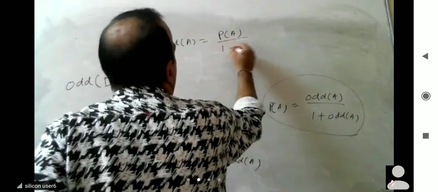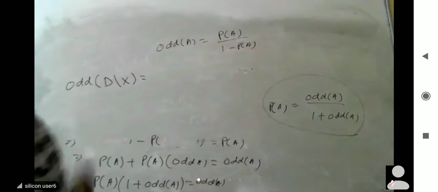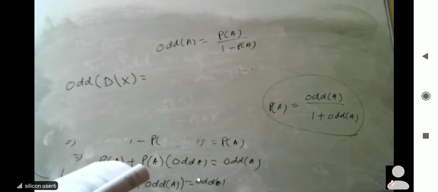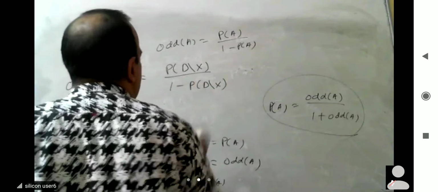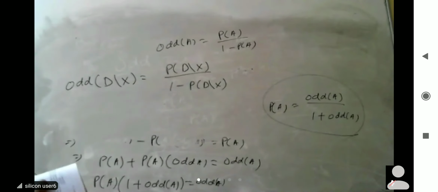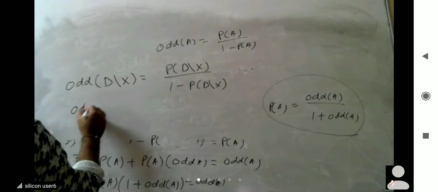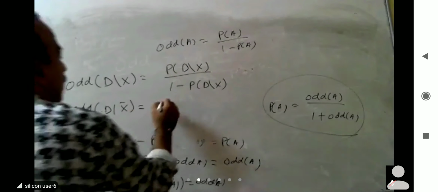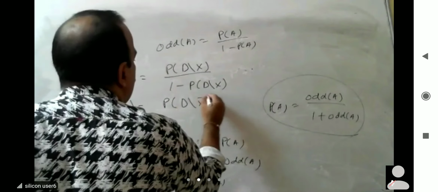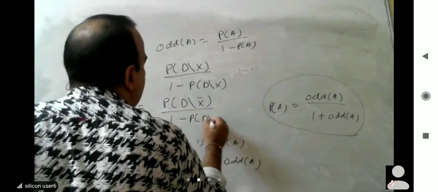The odd of A is probability of A by 1 minus probability of A. So the odd of D condition X is probability of D condition X by 1 minus probability of D condition X. Then the odd of D condition X bar is probability of D condition X bar by 1 minus probability of D condition X bar.